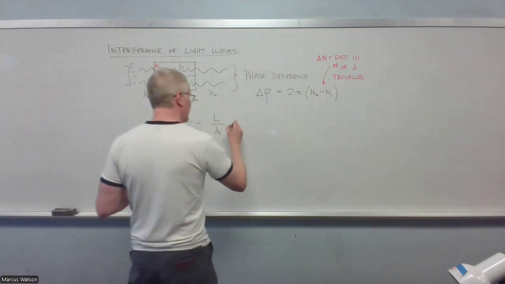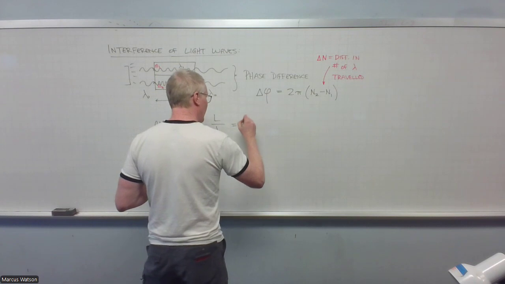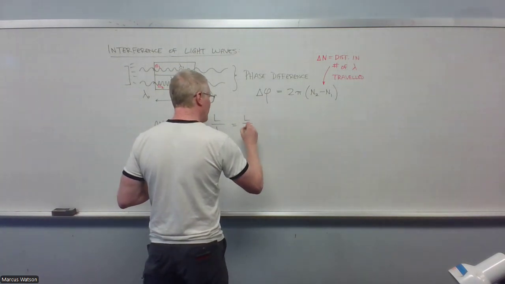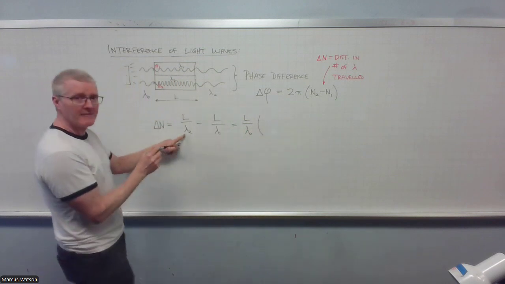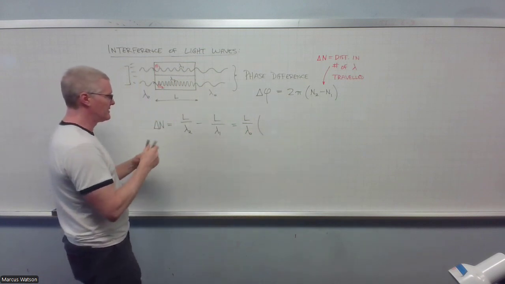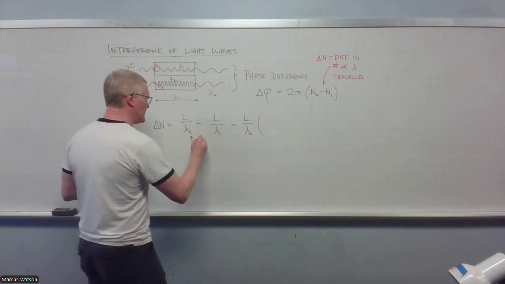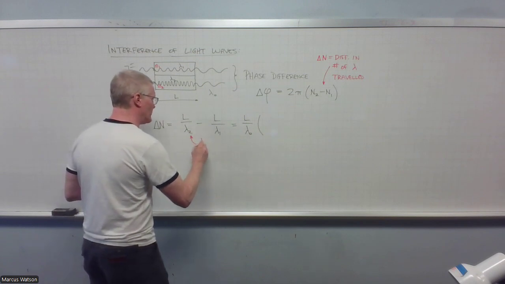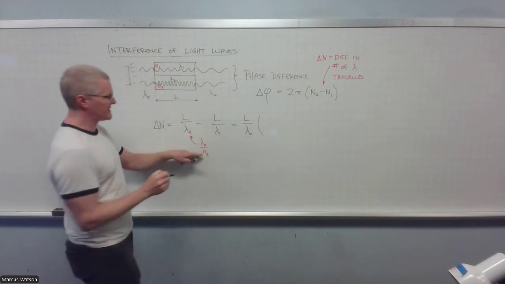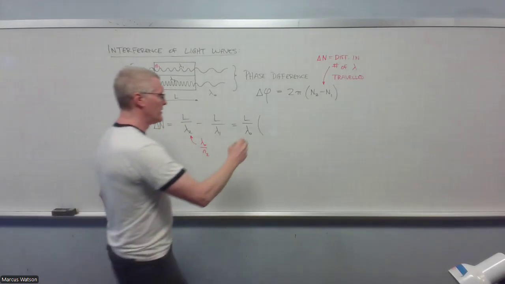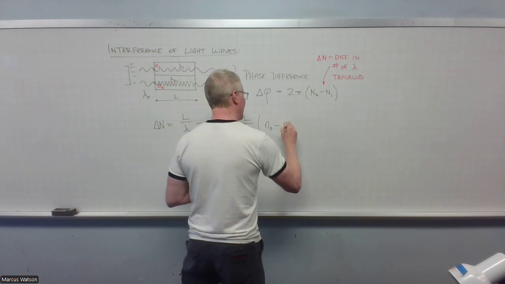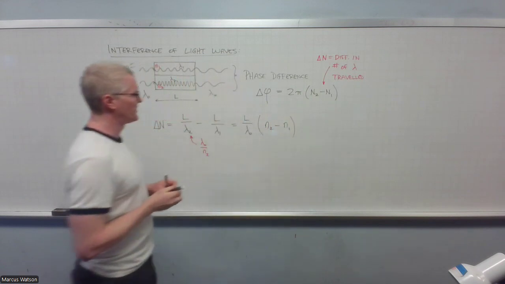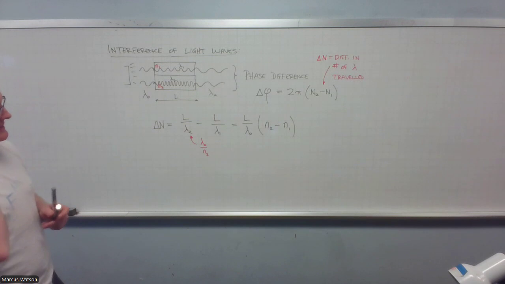So I can rewrite this, for example, as L divided by lambda naught times, if I put in here lambda naught divided by n2, that takes the n2 and flips it up to the top. So what I'm going to get here is n2 minus n1, the difference in the indices.